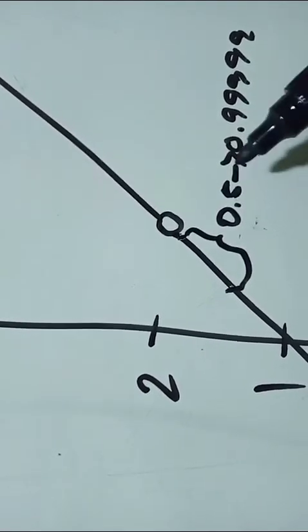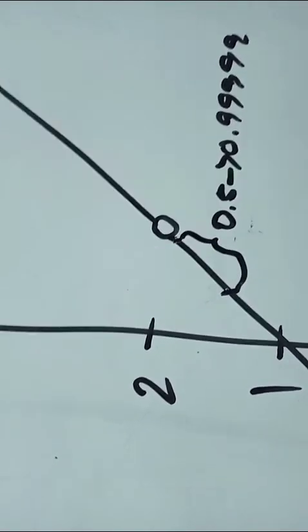So we have 0.5, 0.9, 0.99, 0.999, 0.9999, and 0.99999. And these decimal values approach 1. And this is the part of the line where these decimal values lie.